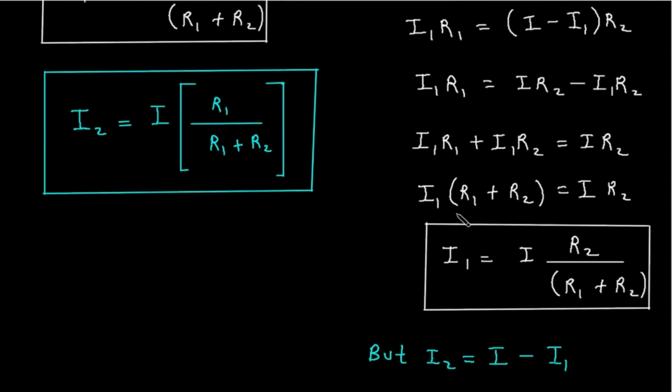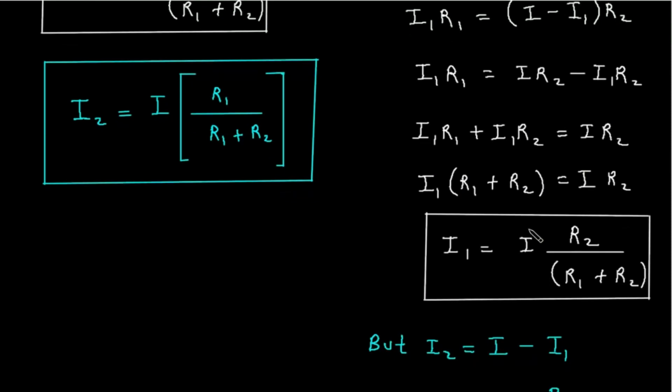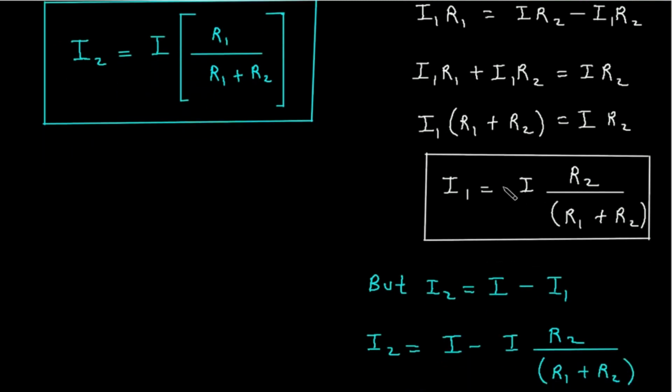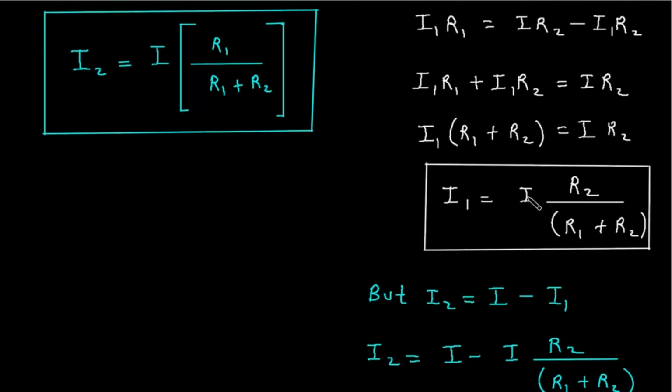So I1 times (R1 plus R2) is equal to I into R2. From this, I1 is equal to I into R2 divided by R1 plus R2. So we can say that I1 is equal to I into R2 by R1 plus R2.